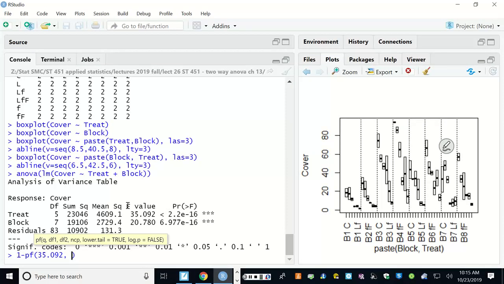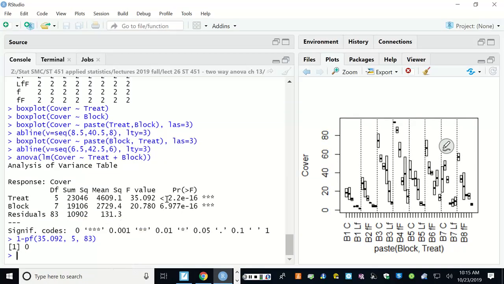It prompts you, you want 2 degrees of freedom here. So for testing treatments, it's 5, and then 83. And that should give a p-value that's about 0. It's not going to show you too much, but it rounds to 0.